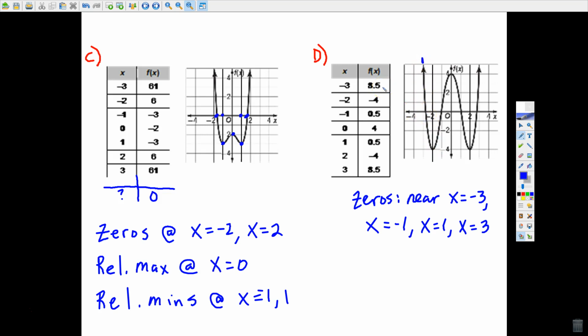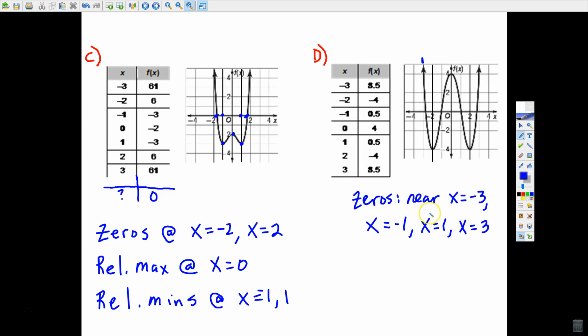So just a heads up, if we don't have a graph, then you can still tell where the approximate zeros are just by looking at sign changes. Notice here we went from positive to negative, and that's why we're listing positive 1 as a 0, because we had to have crossed over the x-axis in order to get from this point to this one, or vice versa.